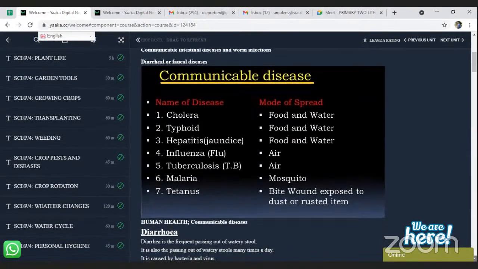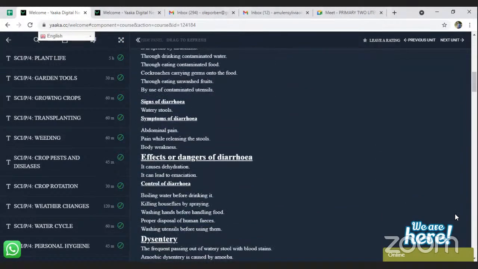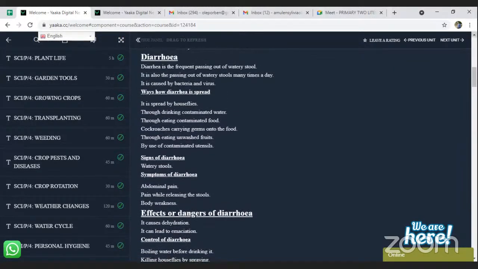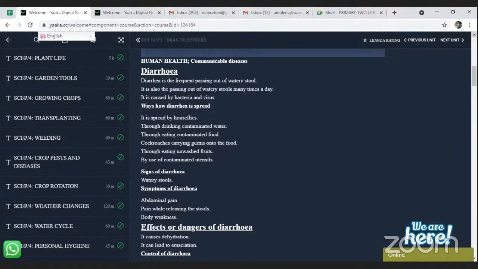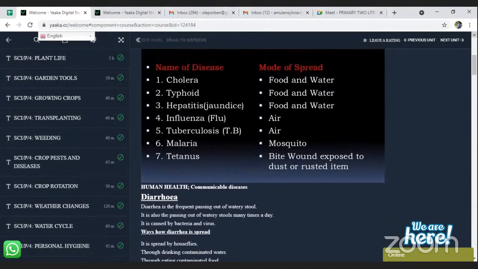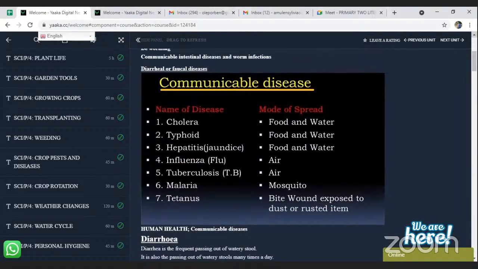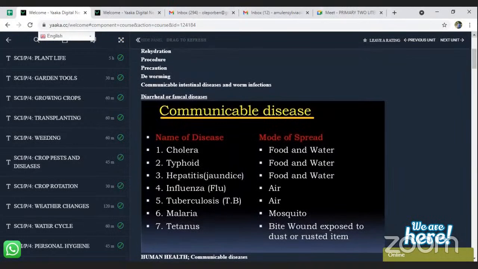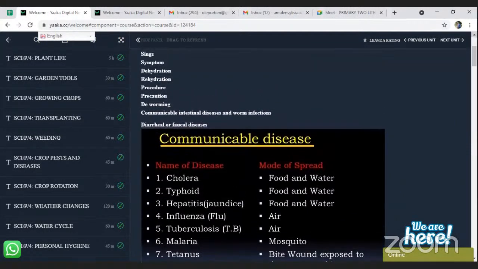Human health. Communicable intestinal disease, worm infection, diarrheal diseases, symptom, dehydration, rehydration procedure, precaution, deworming.